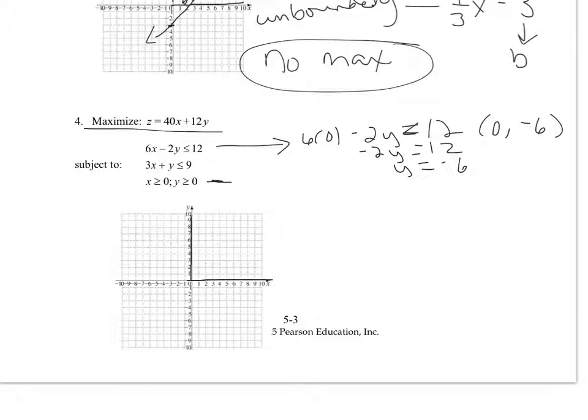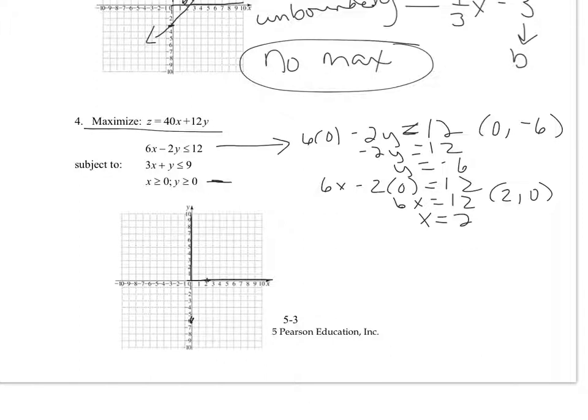Now let's go back and put in 0 for y, and we'll have 6x minus 2 times 0 equals 12. So if 6x equals 12, x equals 2. So 2, 0 is also on this line. So 0, negative 6 is this point down here. 2, 0 is here.